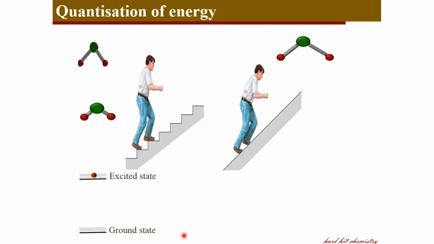This idea of quantization was based on Planck's quantum theory, that is, light is propagated or transmitted in the form of discrete packets of energy called quanta. And this packet of energy is of definite size, like the step size here. So each of these motions is associated with a definite amount of energy. That is why these three motions are quantized.